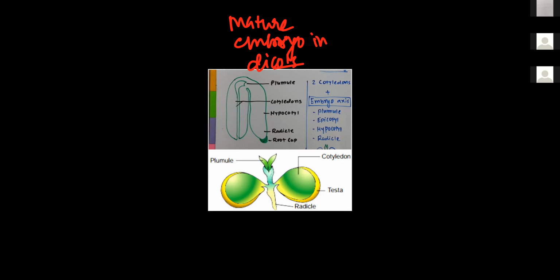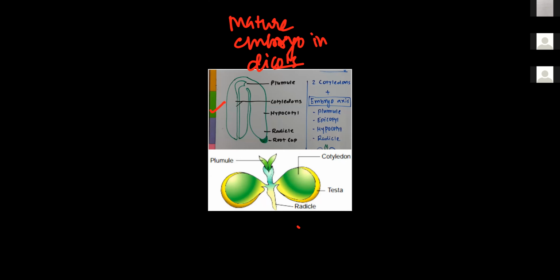A typical embryo of a dicot consists of an embryonal axis, an embryo axis. See, this is the diagram given in the textbook. But believe me, it is really not clear what it shows. So I have used another diagram to make you understand what an embryo axis is. Now this is an embryo axis of a dicot embryo.